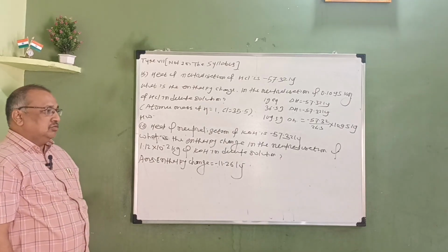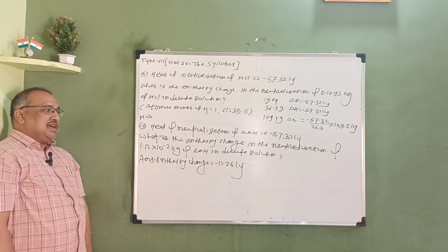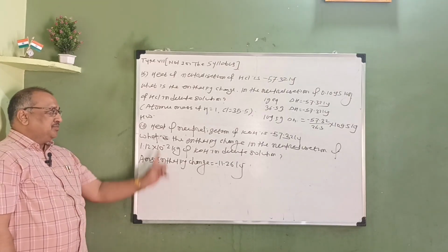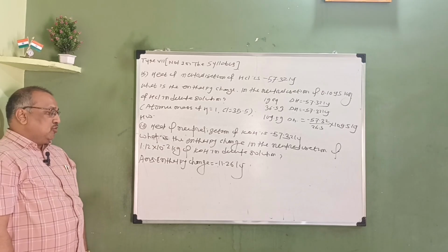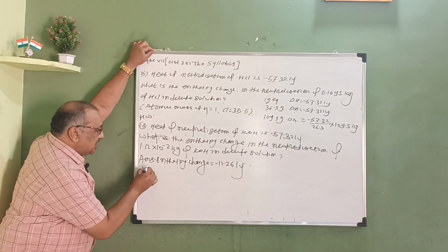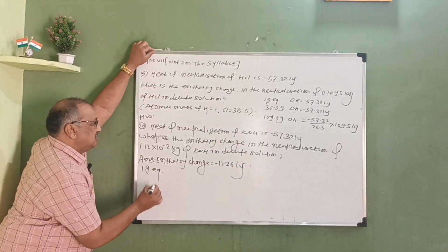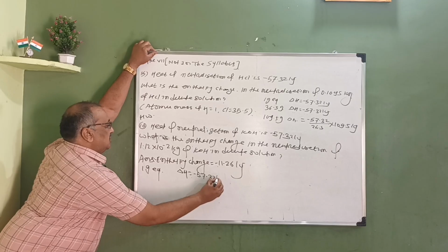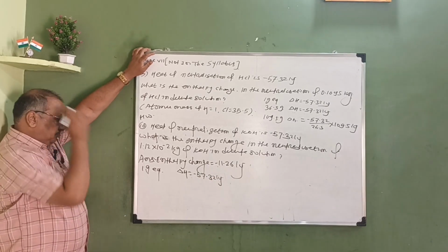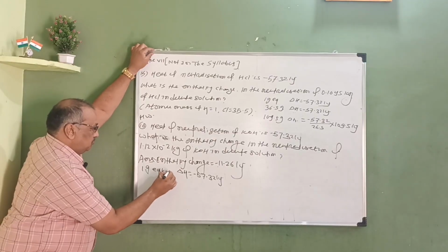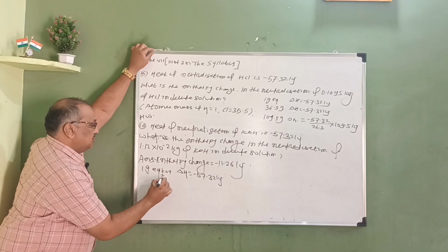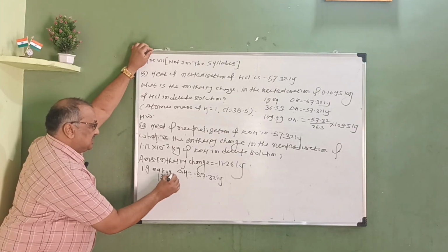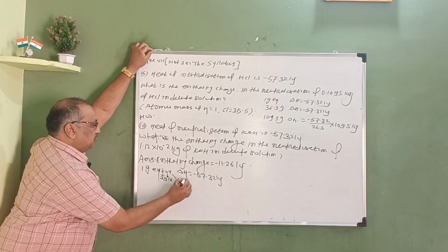Now you can also solve this numerical directly, which is very helpful for the entrance exam. Heat of neutralization of KOH is given. That means whenever 1 gram equivalent of KOH is neutralized, enthalpy change is minus 57.32 kilojoule. One gram equivalent of KOH means atomic mass of potassium is 39, here 16 and here 1, total 56.